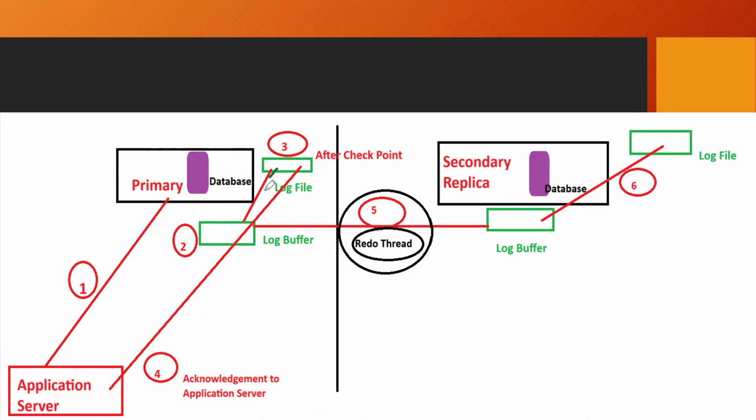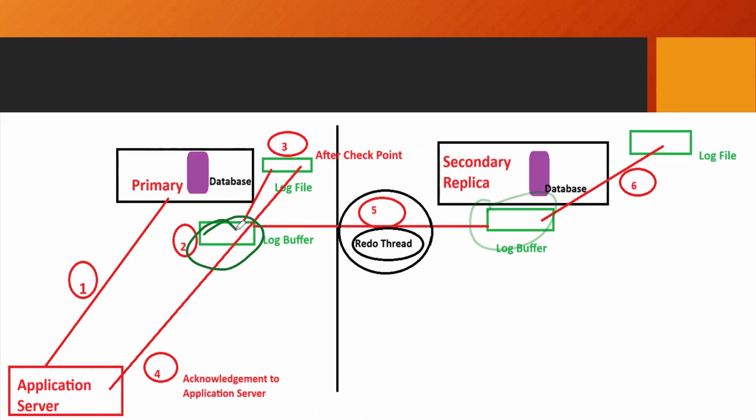Whatever records there are will be queued here, and all these records are moved by the redo thread. That is the fifth step. Now the redo thread comes into the picture, and its responsibility is to send all the records from the log buffer to the log file.